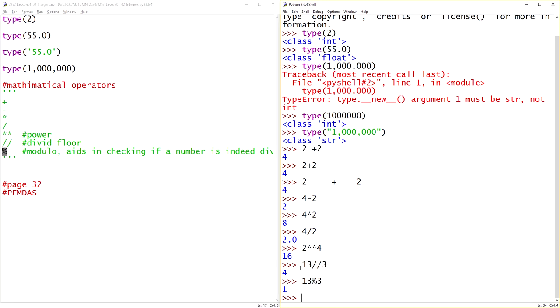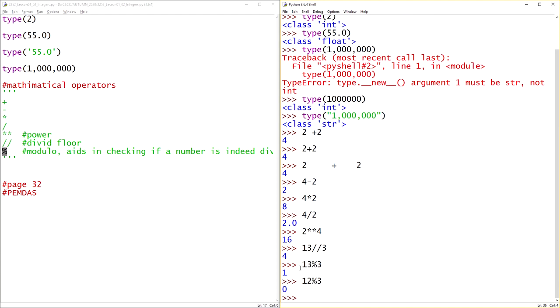I know your book points out that it aids in checking if a number is indeed divisible by another number, and it'll give you back a 0 if it's a perfect division. So let's try that. Let's do 12 modulo 3, right? And 3 goes into 12 4 times with no remainder, so you get a 0.